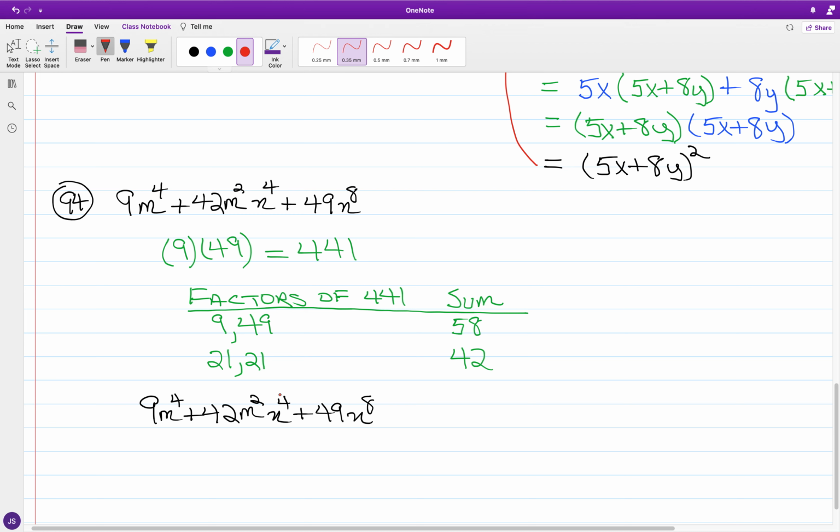Okay, so looking at splitting up the middle term, which will consist of the square of m and the fourth order of n.